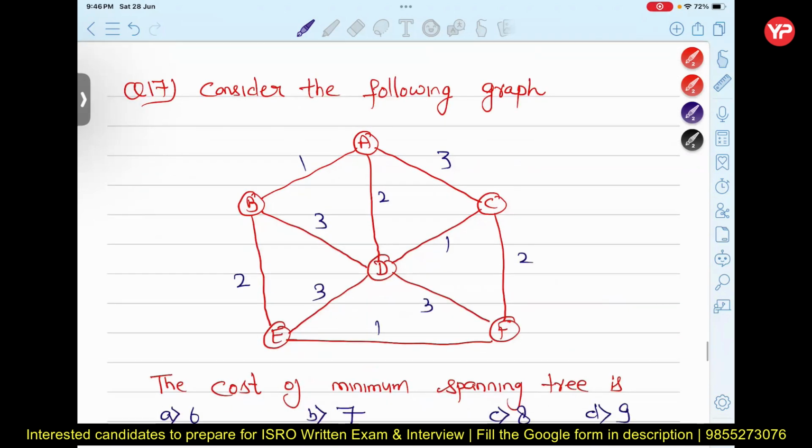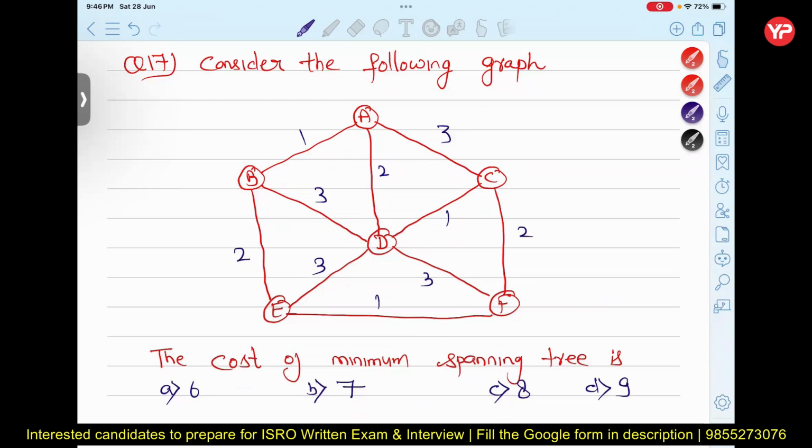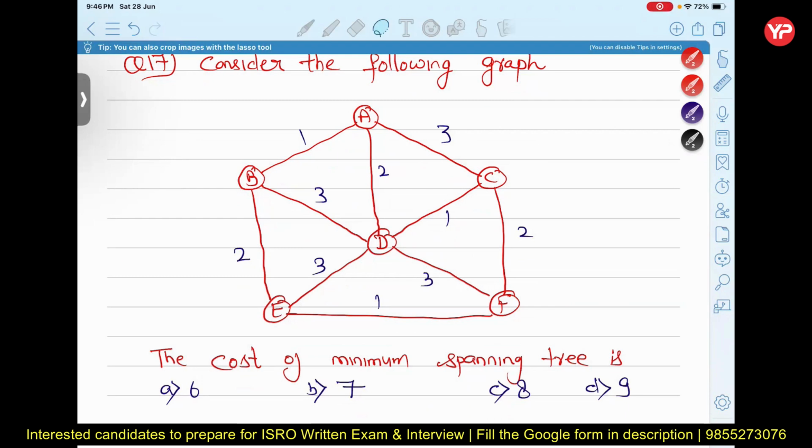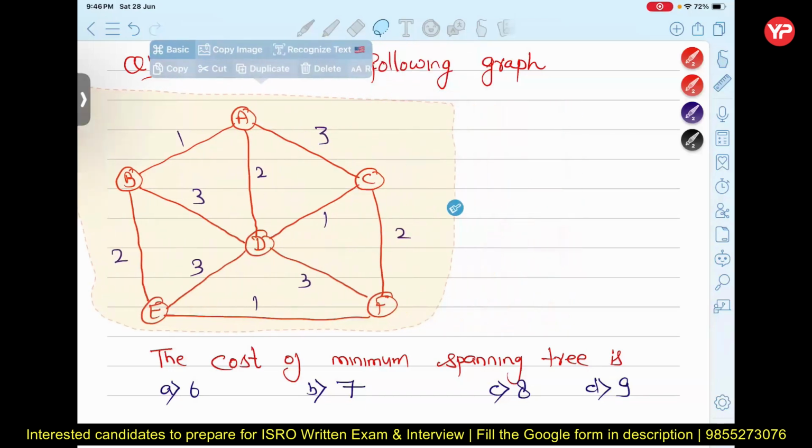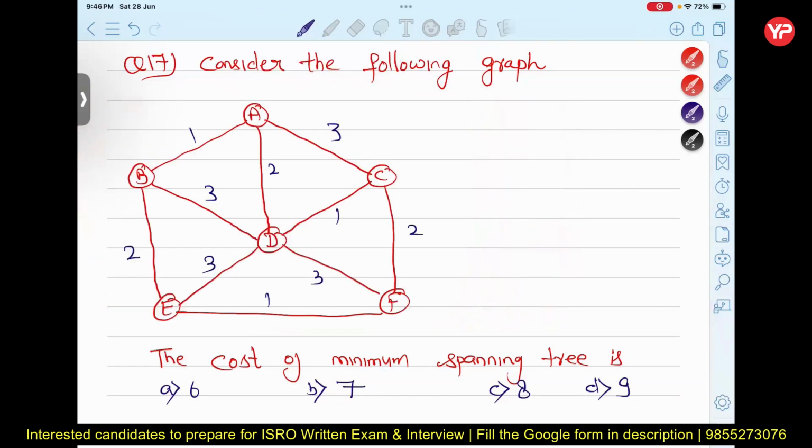Next, consider the following graph, the cost of the minimum spanning tree. Okay, we need to draw a spanning tree of this graph again.